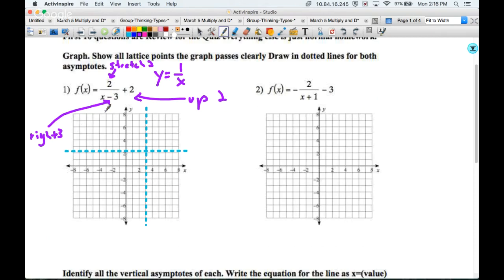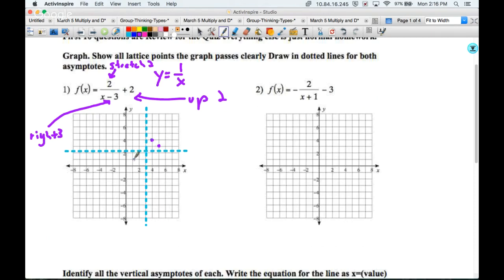The next thing we know is that this is going to be stretched 2. Normally, to get our points in our parent function, we go to where the two asymptotes intersect, and we go up 1 over 1. But now it's been stretched 2, so we're going to go up 1 over 2, or, because it's symmetrical, up 2 over 1.